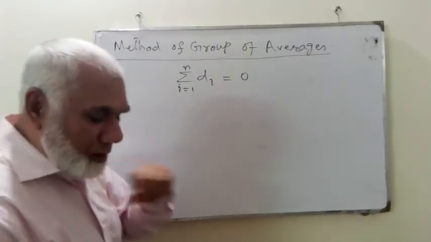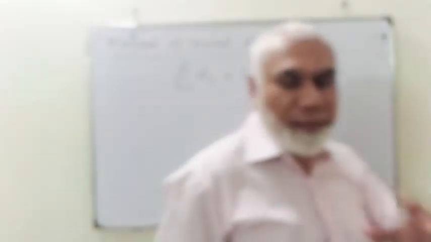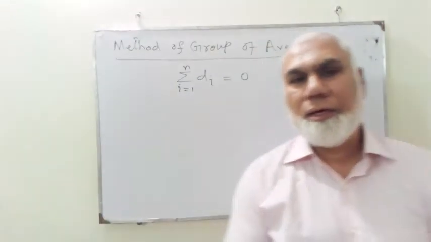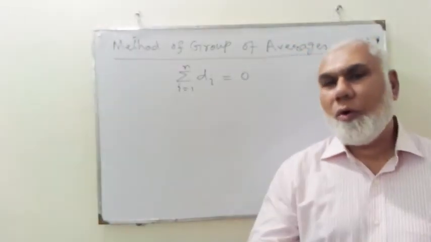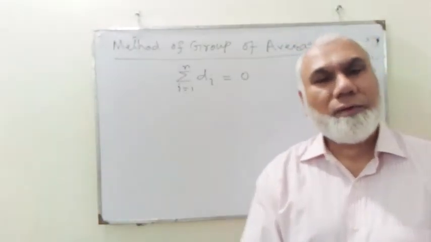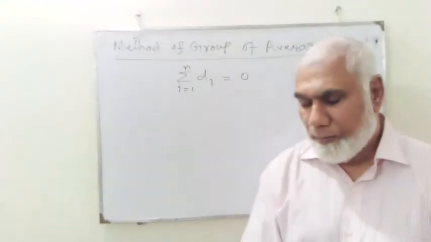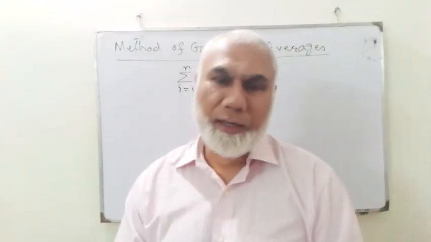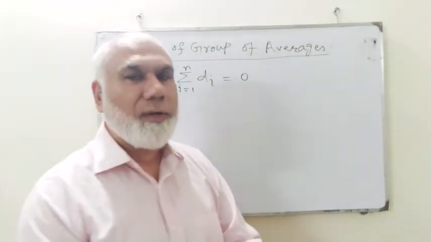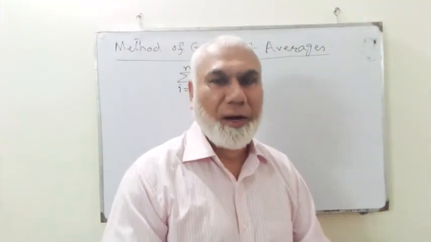So here you can see that this particular method of group of averages depends upon an assumption, and this is the assumption which we are going to introduce here, that the sum of the differences of all the expected to the observed values should be equal to 0. Okay, after knowing that, now the actual procedure of the method starts.